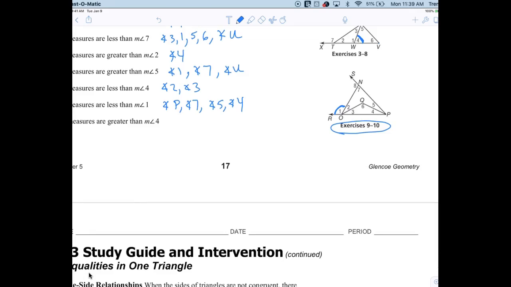So this, how do I know that that's less? What are you thinking? Because angle 6 and angle 4. But what if I stopped angle Q, if I went way up high like this, right here, and then drew it way out here like this?